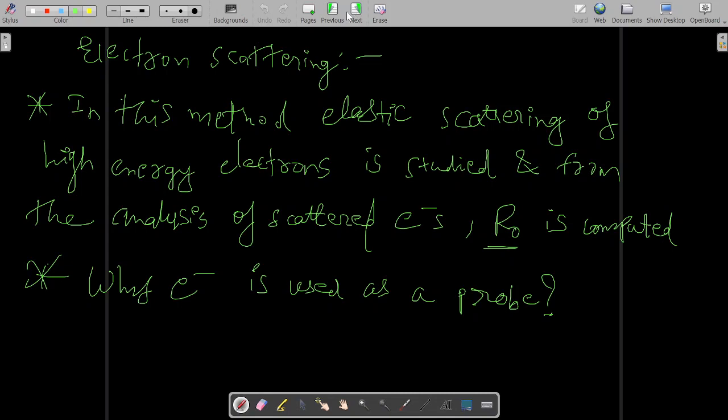Whatever I taught you superficially in the Mossbauer X-rays experiment, you have to mug up superficially. I don't say that the entire physics optional syllabus is superficial, only this particular part, that is the methods to determine the nuclear size.